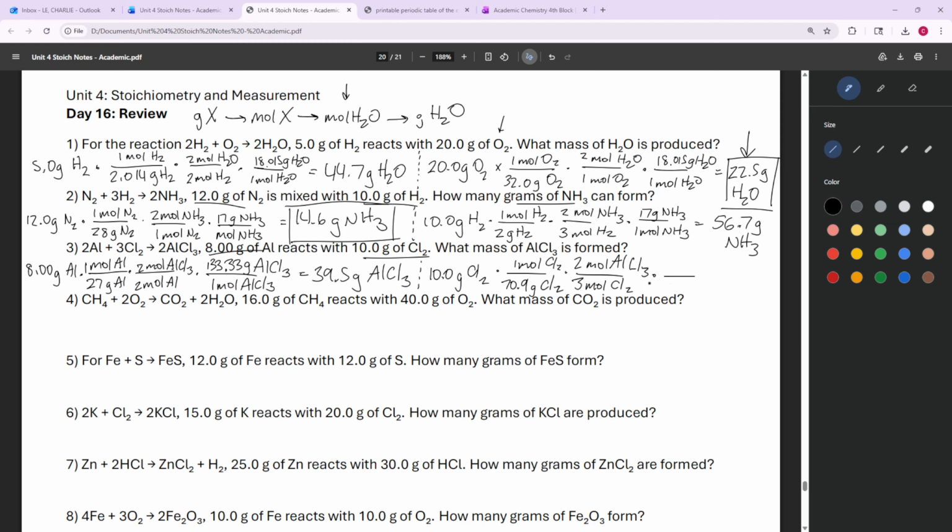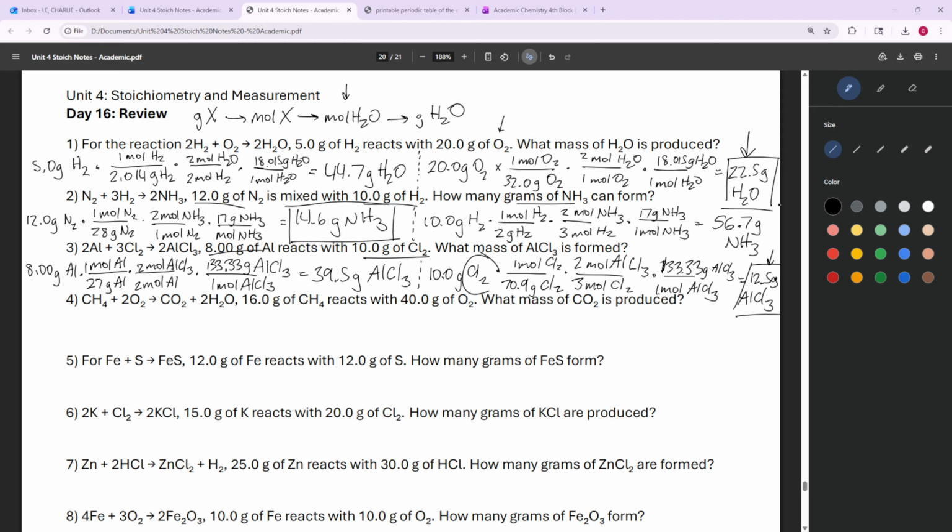And then finally, same step at the end, 1 mole of aluminum chloride gets us 133.33 grams of aluminum chloride. If we put that into our calculator, 10 divided by 70.9 times 2 divided by 3 times 133.33, that is 12.5 grams of aluminum chloride. So it looks like that will be the amount. Chlorine limits in this case, we can only make 12.5 grams.